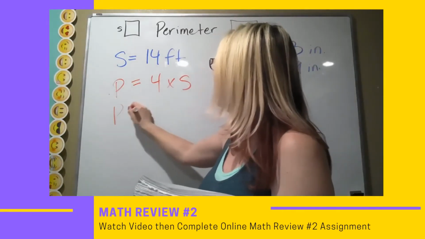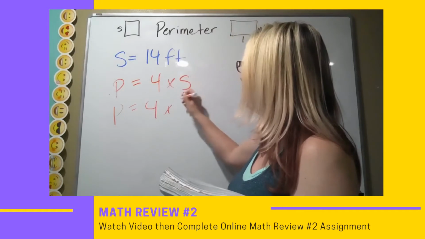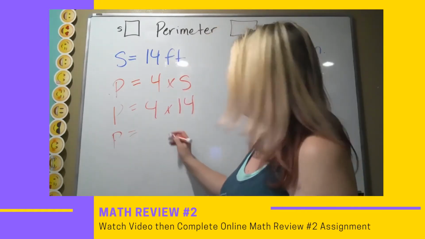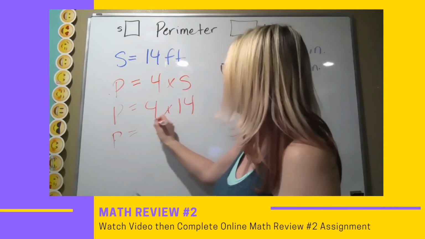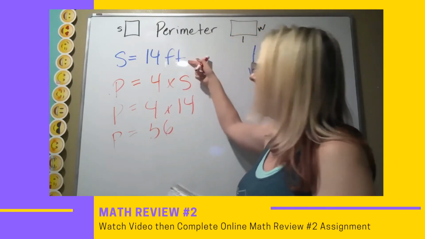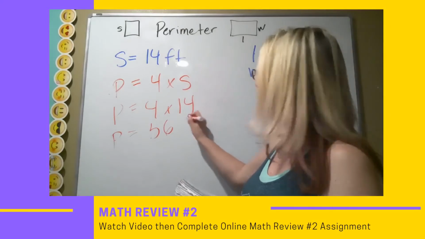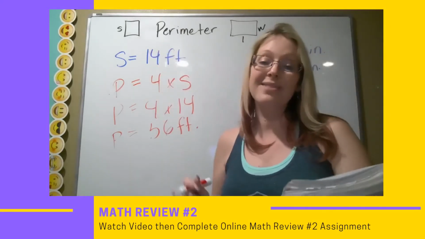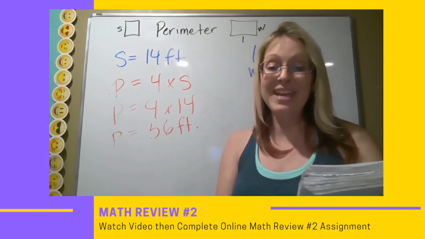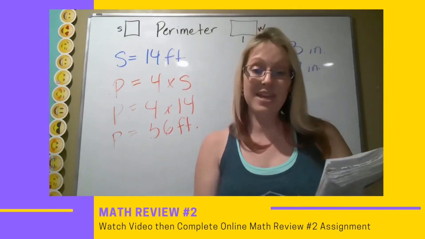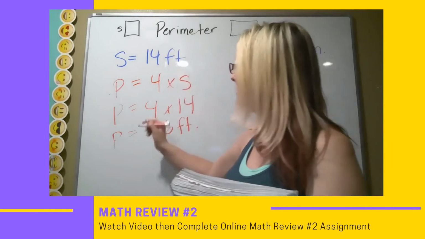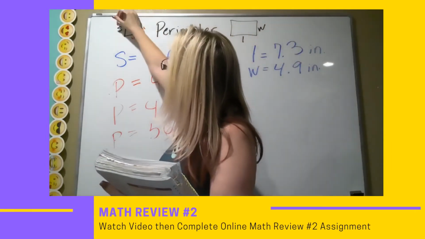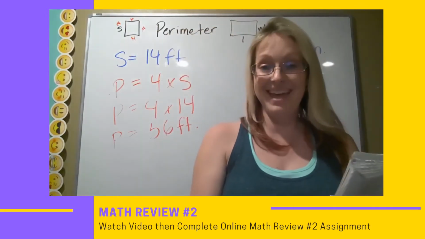So P equals 4 times 14, and that gives us 4 times 14 is 56, and we make sure we have our unit measurement of feet. So the perimeter of the square that has a side of 14 feet is 56 feet. That would be the same as doing all 4, 14, 14, 14, and 14, and adding them all together.